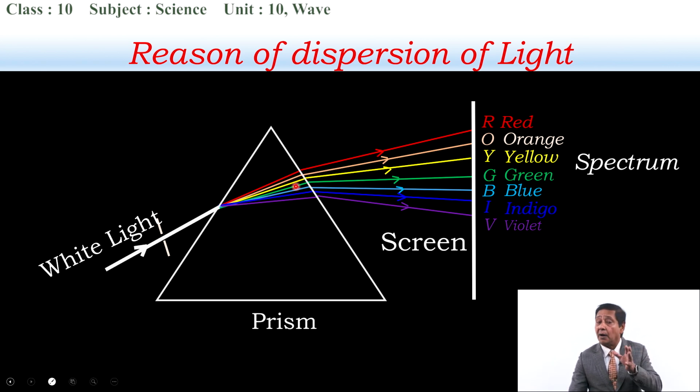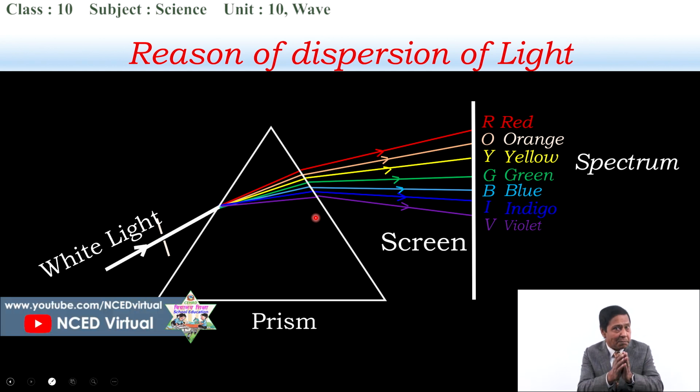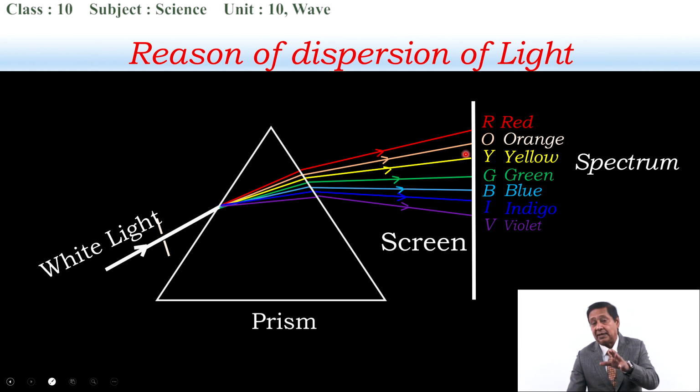Because the amount of decrease of velocity is different for different colored lights, they separate from each other, their bending becomes different, and they appear in 7 different colors, that is called a spectrum. This is the reason: the amount of decrease of velocity is different for each of the colored rays of light.